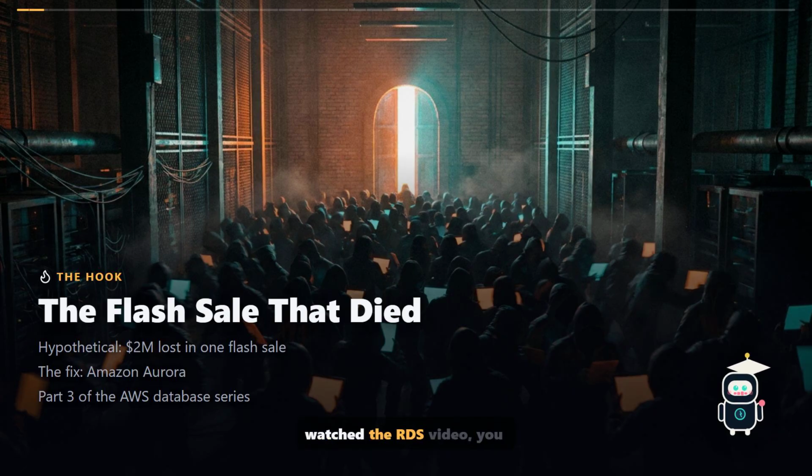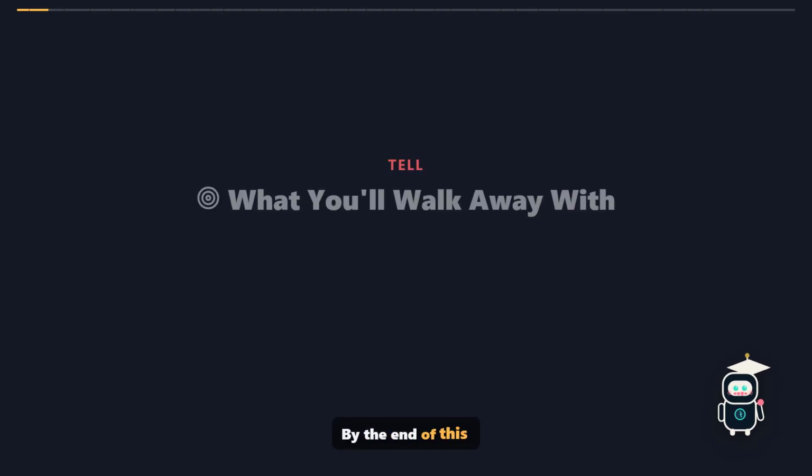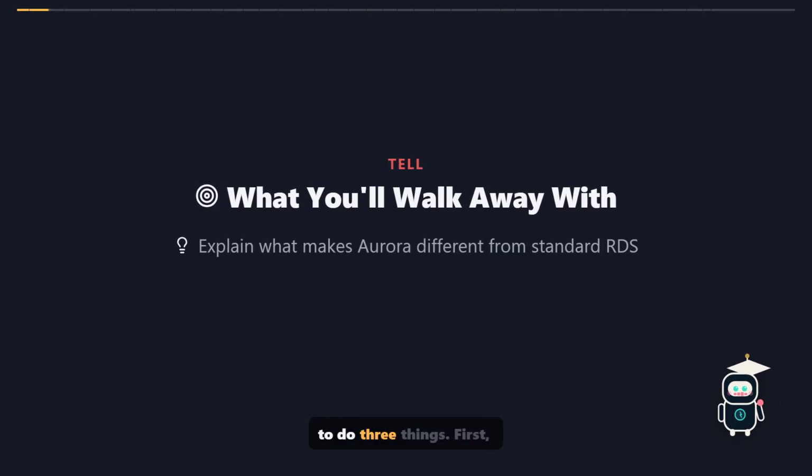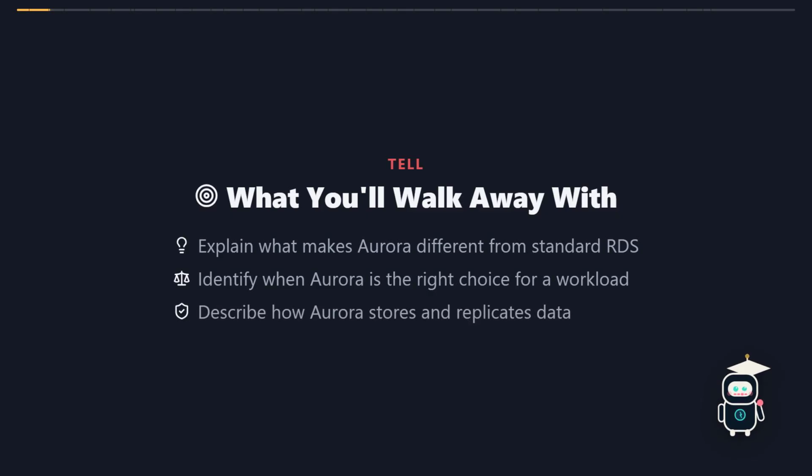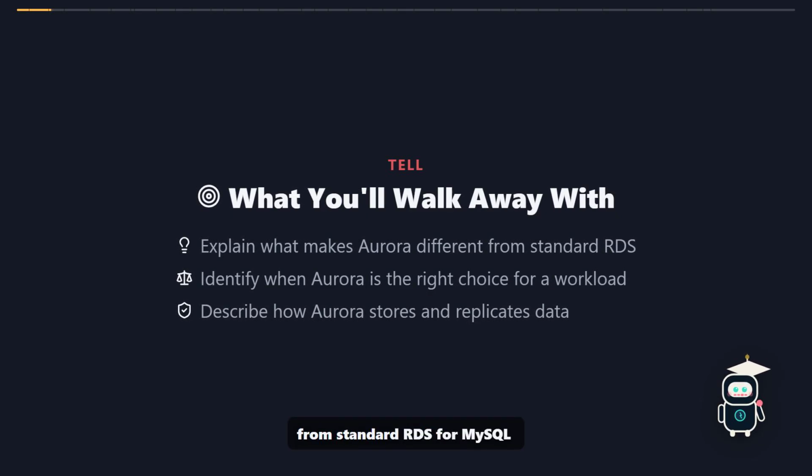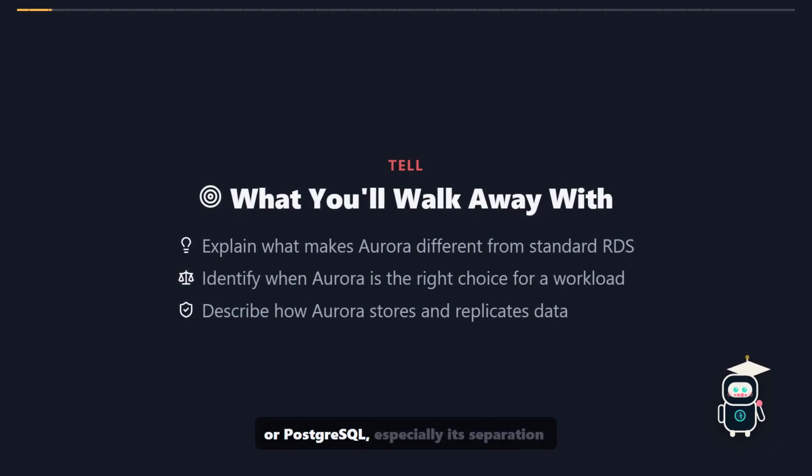If you watched the RDS video, you already know managed relational databases. This video explains Aurora, what makes its architecture different, what problems it can solve, and when paying for it makes sense. By the end of this video, you will be able to do 3 things. First, explain what makes Aurora different from standard RDS for MySQL or PostgreSQL, especially its separation of compute and distributed storage.